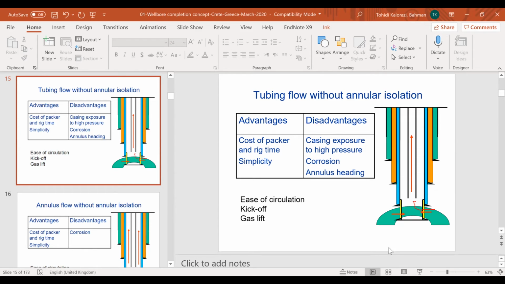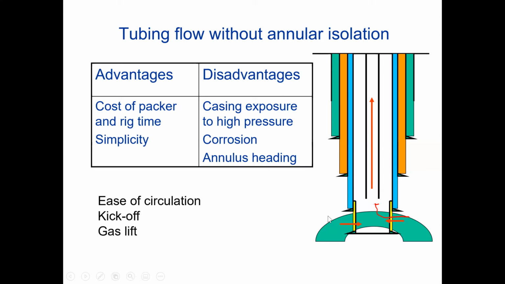What is happening here? Okay, so oil and gas is being produced here. They come here, and oil and gas goes here and here. The gas will separate at the top.